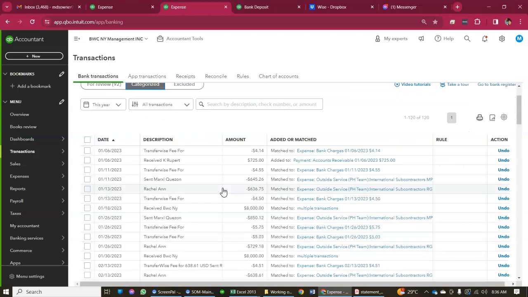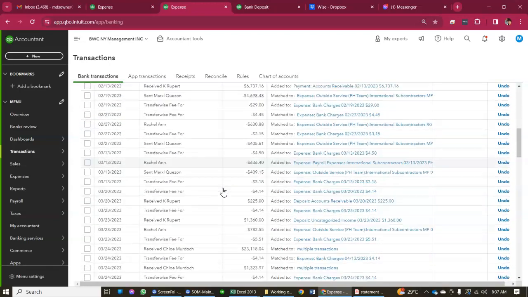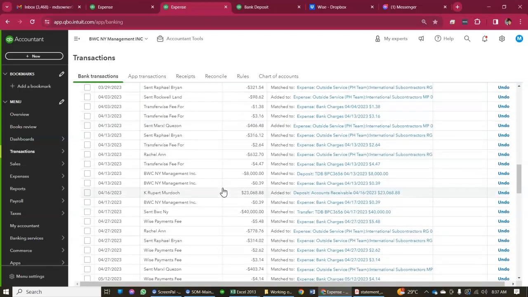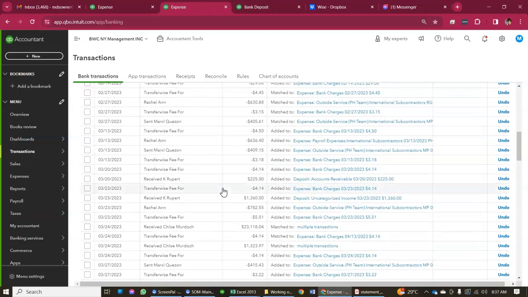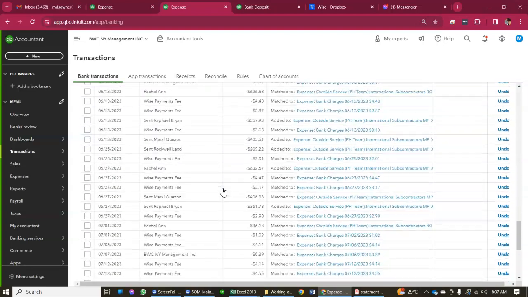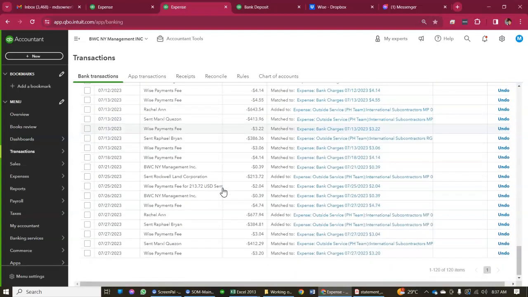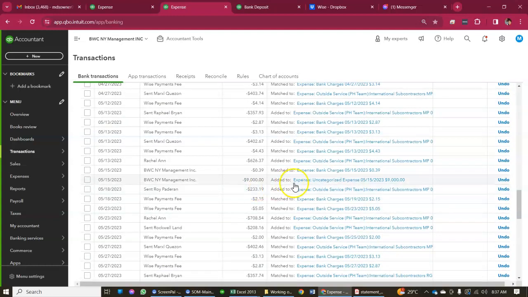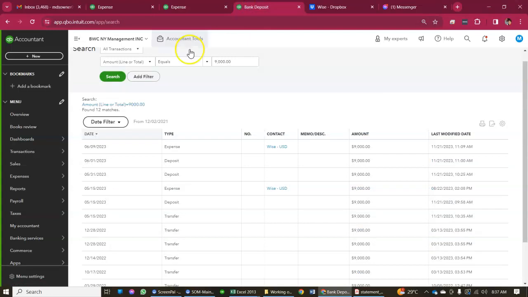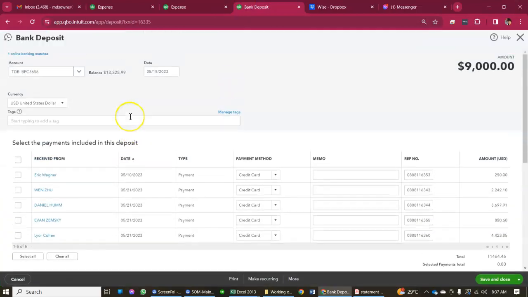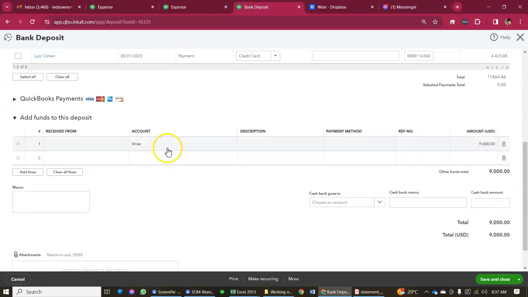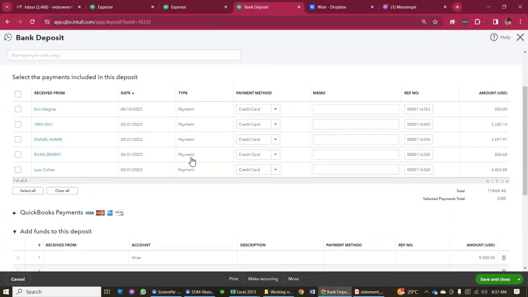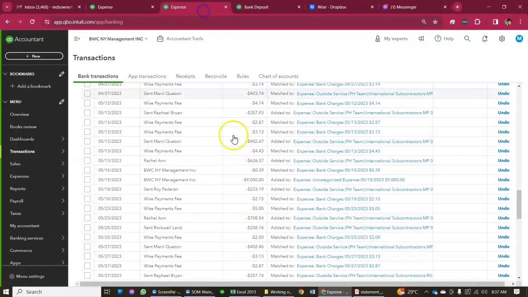However, for this one, there is a mistake in the past that was in the record, like the 9,000 in March 15, I think. No, 7/15. There's a 9,000 in here. Okay, so this 9,000 is actually, there's another 9,000 that is already recorded under this 3656, which is the counter account is wise, so there's no need for this to enter as another entry.